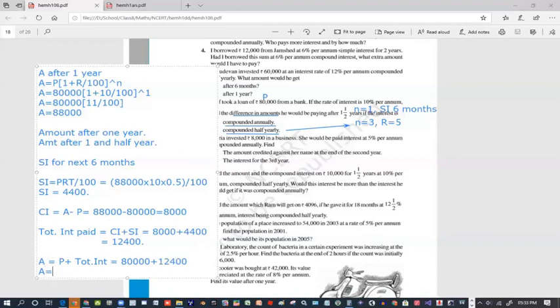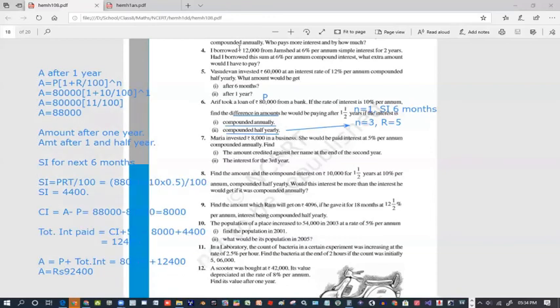So the total amount paid by him was 92,400. 92,400 is the total amount paid by Arif when compounded annually. This is the first one, number 6 first, and similarly we will do the second one.